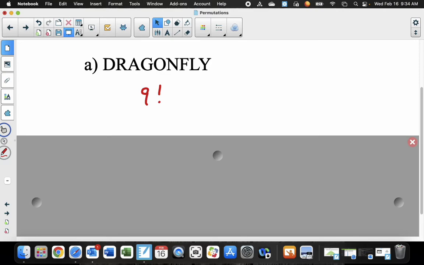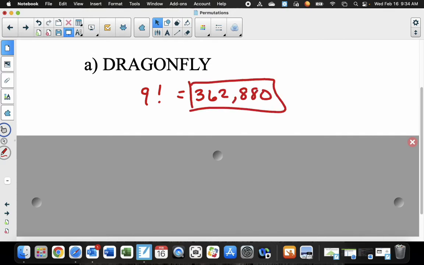I believe it's all the way to the right, and the fourth one down is your factorial button. In this case, if you took the letters from dragonfly and rearranged them, you would have a total of 362,880 different arrangements. Like I said, I put words in the directions, but really it's just arrangements of letters.